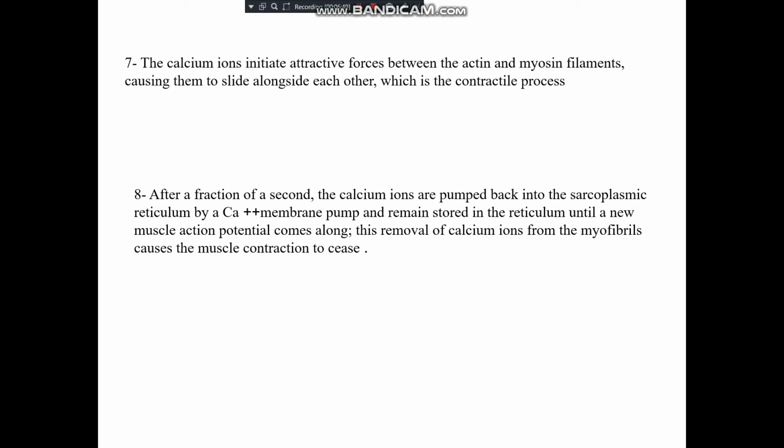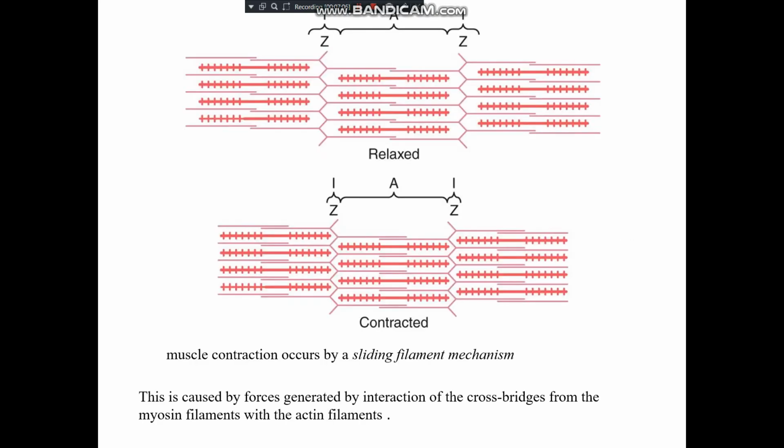So this removes the calcium from the myofibril, and as a result the attraction force between the myosin head and actin filament reduces, and the muscle enters a relaxed state. See, here again I have shown you, this is the relaxed state, this is the contracted state. In the sliding filament, see the distance of the Z line decreases.